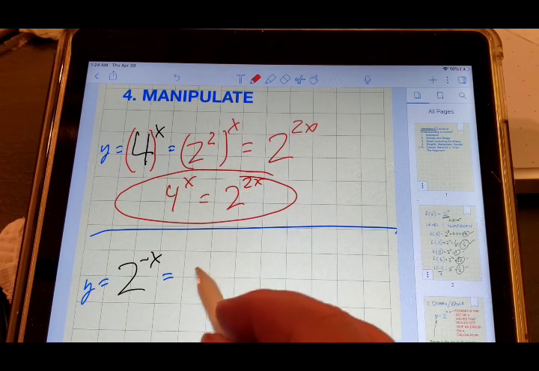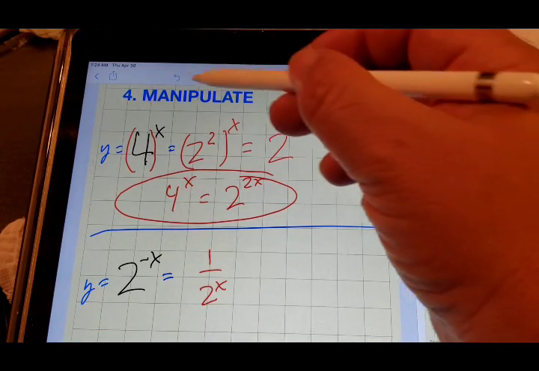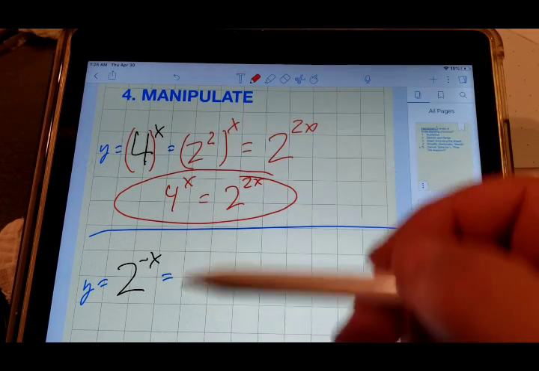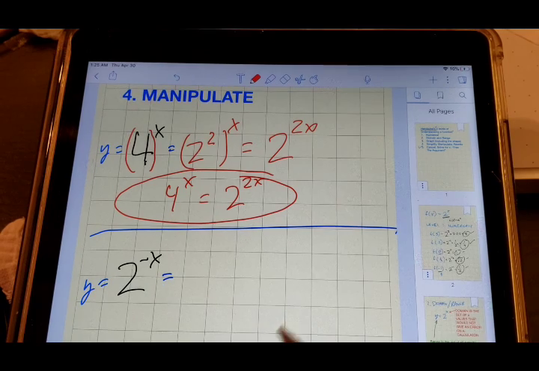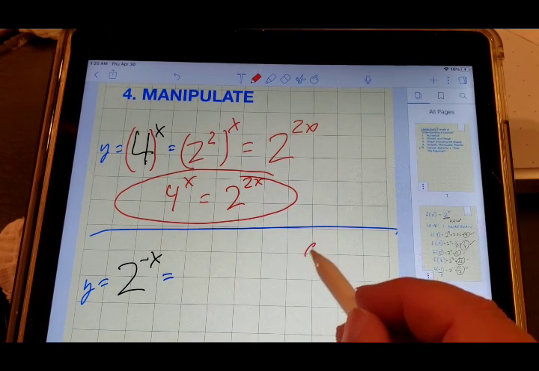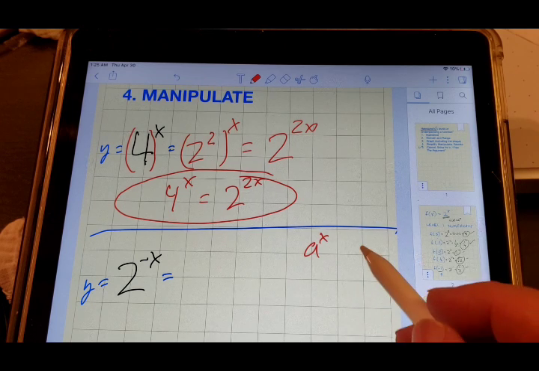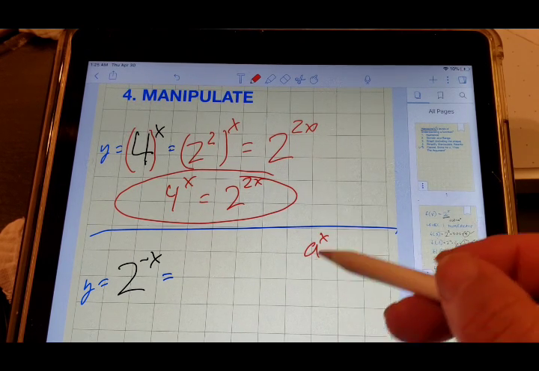Now, on this one, we could manipulate 2 to the minus x as 1 over 2 to the x, but that's not going to take me anywhere. That's not really what I'm trying to do here. I want to manipulate it into another exponential function, and exponential functions are, wait for it, a to the x. Not 1 over something. There's got to be an a, got to be an x.